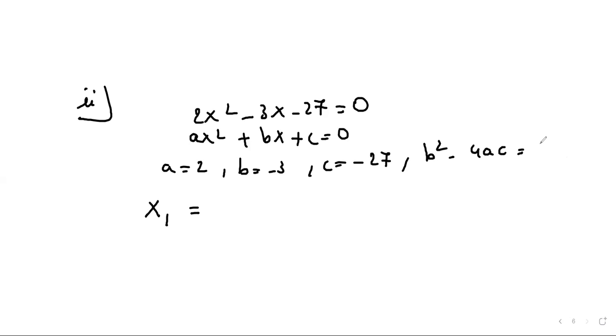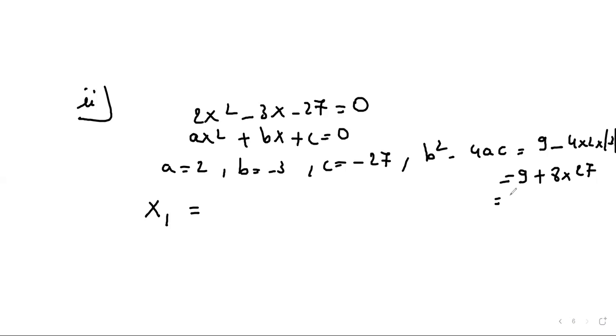So I have 9 minus 4 times 2 times negative 27, so I can write it like that. Minus 4 times 2 times negative 27, which is equal to 9 plus 8 times 27. It's up to you if you want to calculate this one or not.